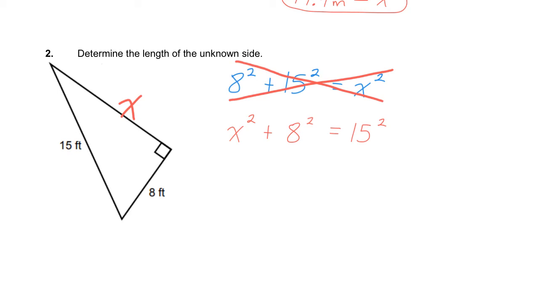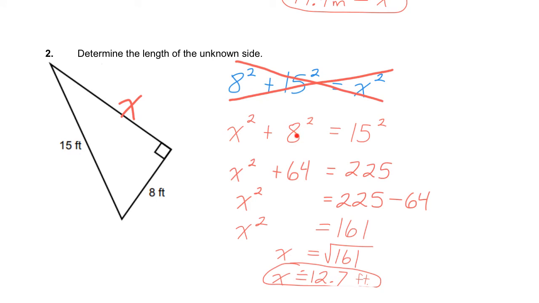Once you have it in the right spot, now we can just solve it like before. So why don't you just pause the video and try to see if you can figure out what x is. And then, when you're done, check back here to see how you did. Eight squared is 64, 15 squared is 225. To get x squared by itself, I have to move this over.